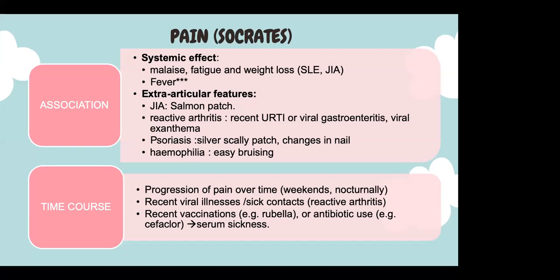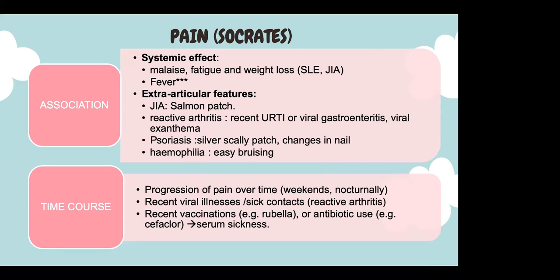Okay, association. You must acquire history about systemic effects or involvement, like chronic features such as malaise, fatigue, and weight loss, which might suggest an underlying increase in catabolism from a systemic disease such as SLE, JIA, or anemia from underlying malignancy. If there are any extra-articular features, such as in JIA, they might present with salmon patch changes in the skin.